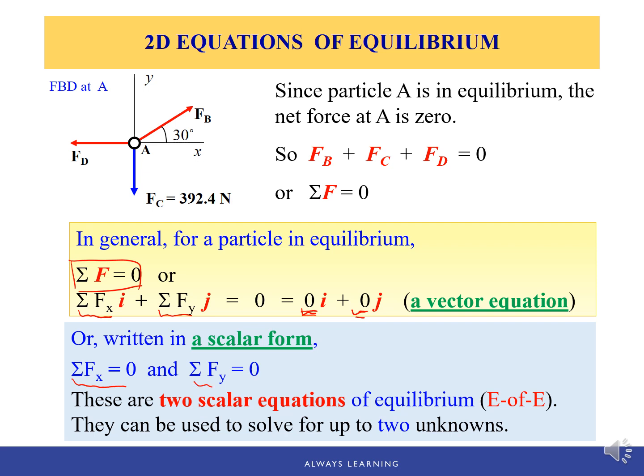We collect all the forces pointing in the y direction. This is also equal to 0. So that means in a 2D problem, we can write one vector equation, or we can write two scalar equations. And both of those can solve up to two unknowns.